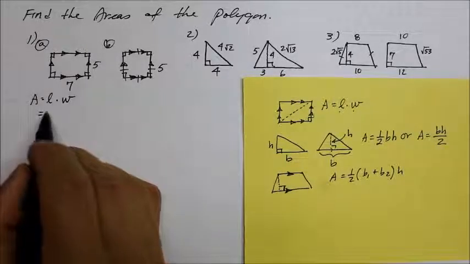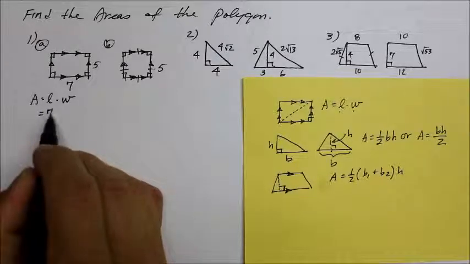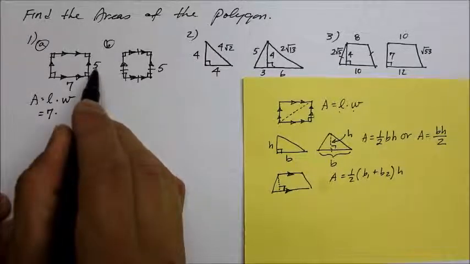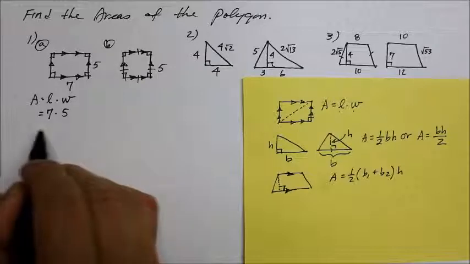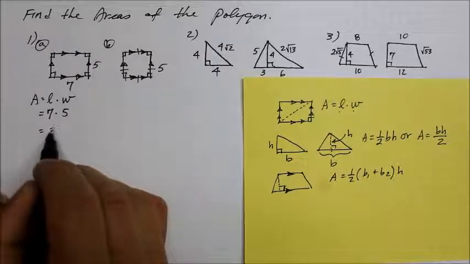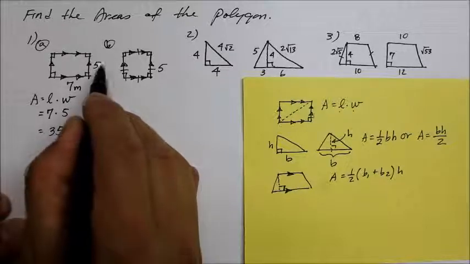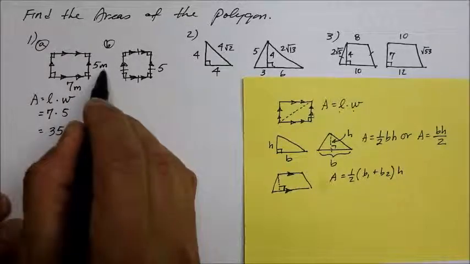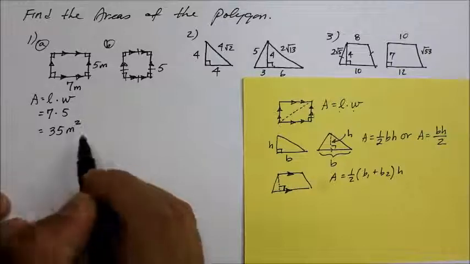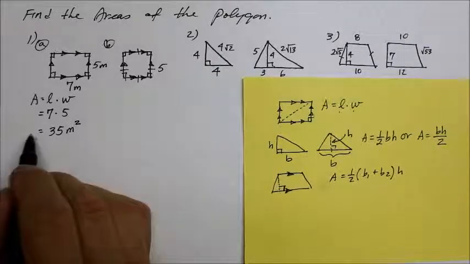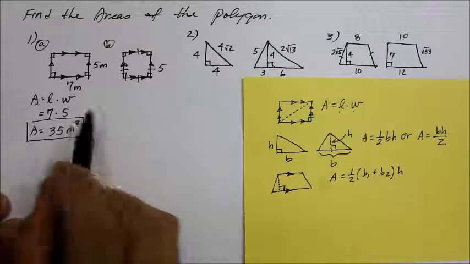It really doesn't matter, but we just want to put it in an appropriate place. 7 times the 5 unit measurements. So that equals 5 times 7, which is 35. And if these were given in meters, you have to say meter times a meter is a meter squared. And so that becomes the answer for that particular example.